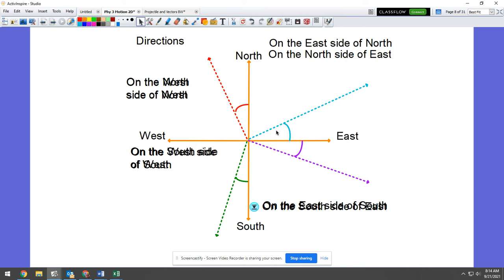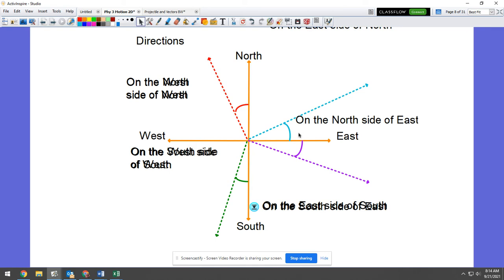Go ahead, take a second. All right, hopefully you said this is on the north side of east, because here's east, go to the north of it. So in the book, it'll say, north of east for 50 degrees or something.